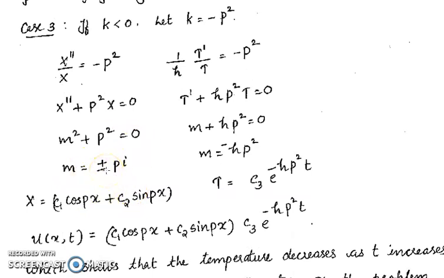That is, here the roots are imaginary and the roots are plus pi and minus pi. That is, the real part here is 0 and the imaginary part is p. Therefore, capital X equal to, here we have e raised to 0x, that is 1, (C1 cos px plus C2 sin px). And similarly, 1 by h, T dash by T equal to minus p square. Then on cross multiplying, T dash equal to minus p square hT, and that is same as T dash plus h p square T equal to 0.